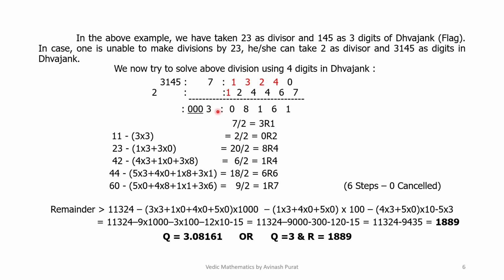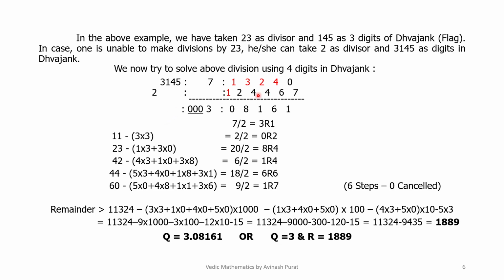3, remainder is 1. 11 is the division minus 3 into 3 equal to 2. 2 divided by 2 is 0 or 2. We take 0 and not 1 for obvious reasons.